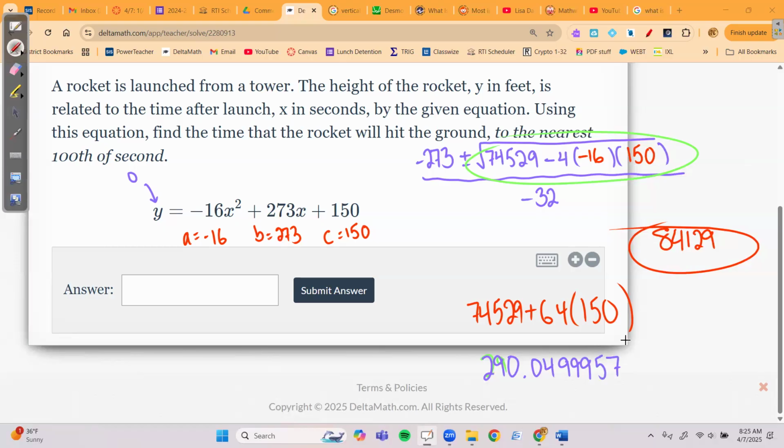I feel at this point like you and I could safely round this to about 290.05. Because what's going to happen is all those nines are going to bully up together and eventually force that four up to a five anyways. So I think that's probably going to be enough accuracy for us.